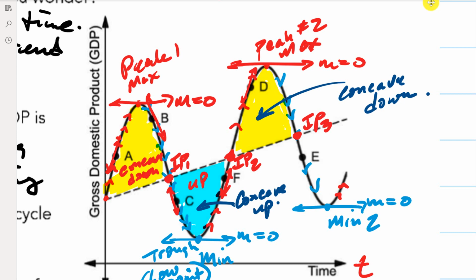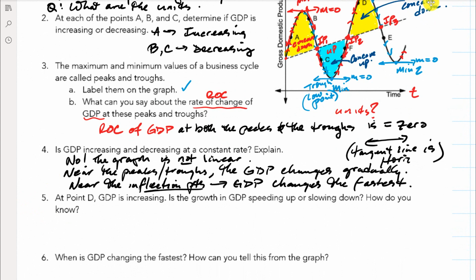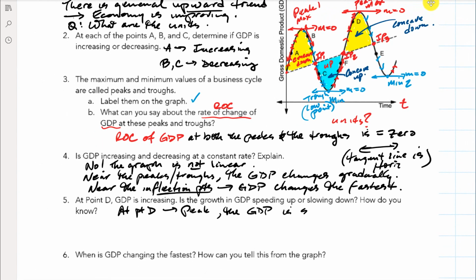So what we can say is, at point D, going to the peak, the GDP is slowing down because it reaches a max value, so the slope of that tangent line has got to approach that horizontal line. Let's summarize that. At point B and then towards the peak, the GDP is slowing down because the slope of the tangent line is approaching 0 at the very top.